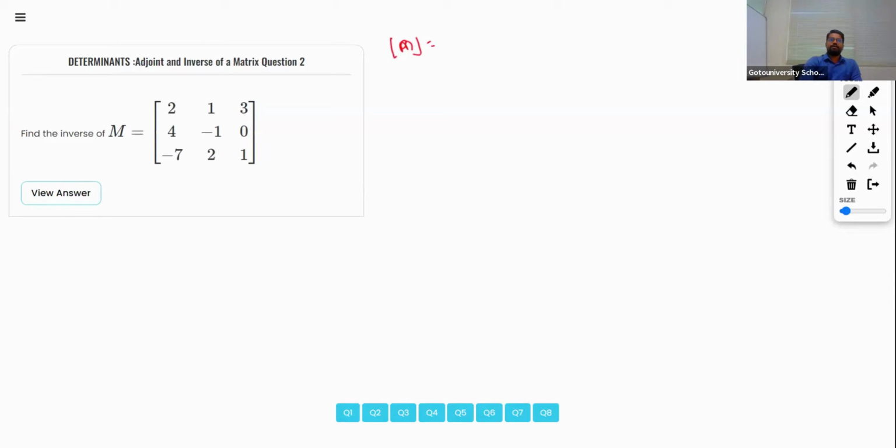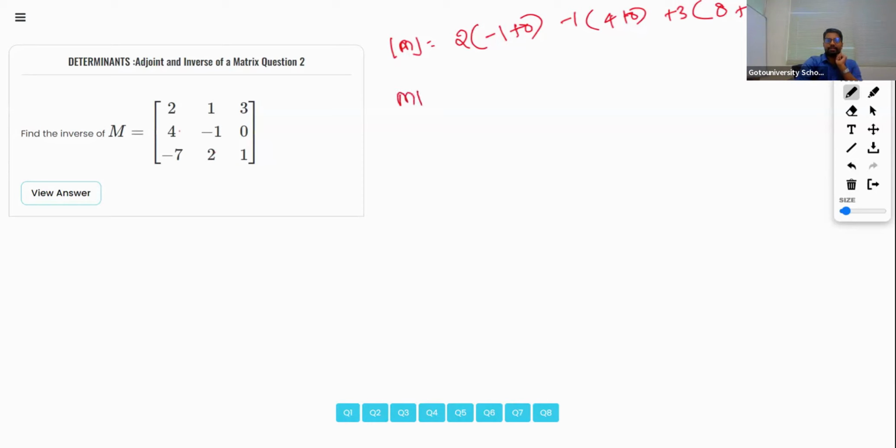I can go with the first row itself. 2 into -1 into 1 is -1, plus 0, -1 into 4, plus 0, right? And 3 into 4 twos are 8, plus 7, if I'm not wrong. Is it right? So 4 twos are 8, 8 plus 7, yes.